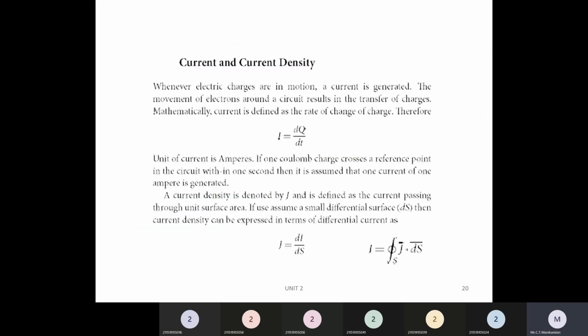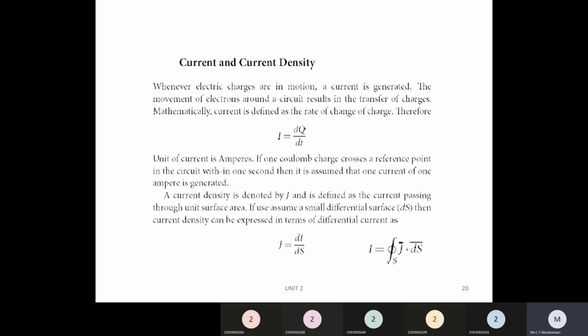Then the basic concept about current and current density. In basic physics, you might have studied about current, the rate of flow of charges. So I equal to dq by dt. And current density is represented by J; in some books it is represented as K. Current per area is what we have as current density.